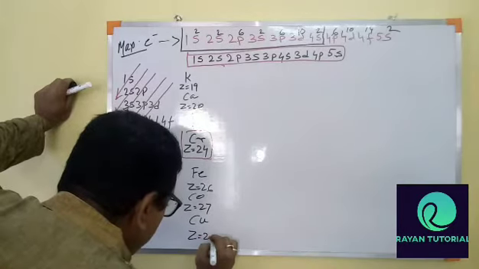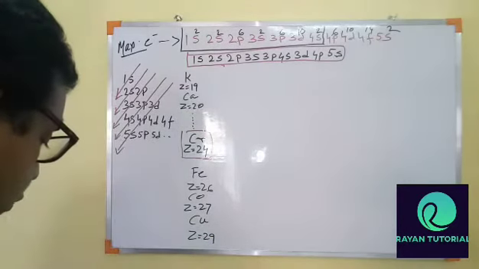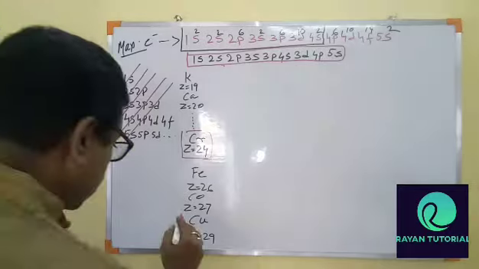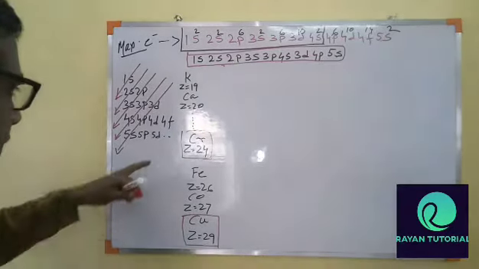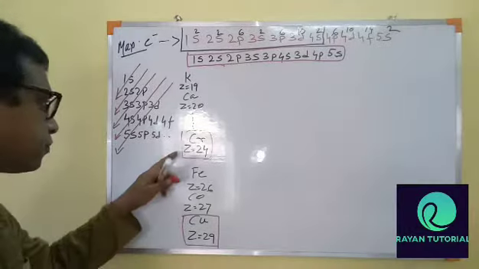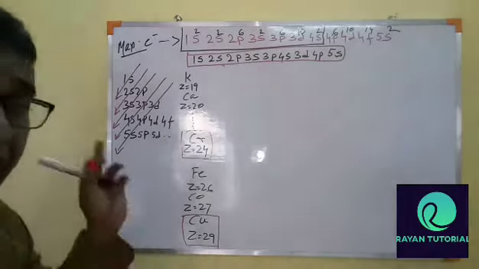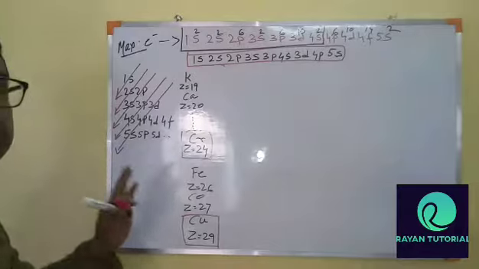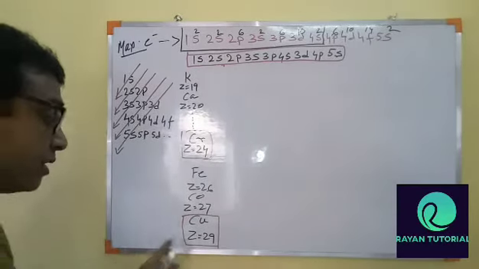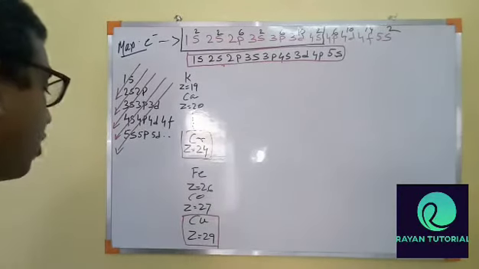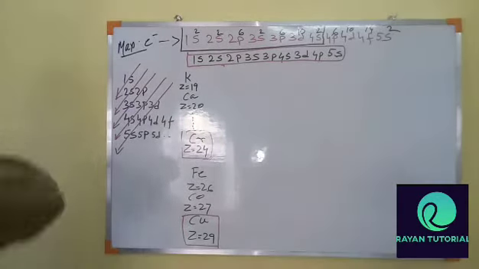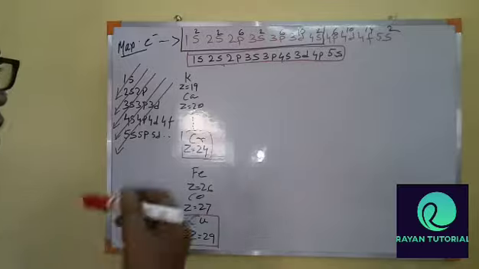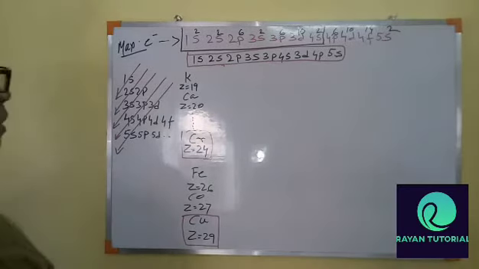Copper is 29. This one also very important. And zinc is 30, I suppose. But I need to explain these two only. Okay, but again I tell you, please do practice up to 1 to 30. From hydrogen to zinc, zinc is 30. Clear? Okay. So let's start.